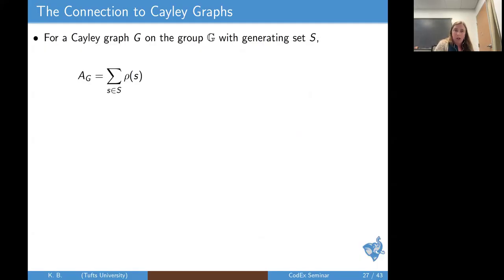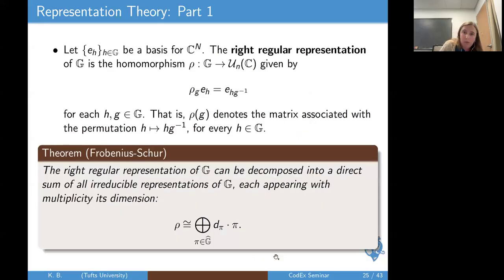And where does this come in? Well, we can think here that rho, our right regular representation, is encoding this permutation h mapping to hg inverse. And if you recall from our definition of the Cayley graph towards the beginning, that is how our edges are constructed in our graph, where hg inverse was an element of our generating set S.